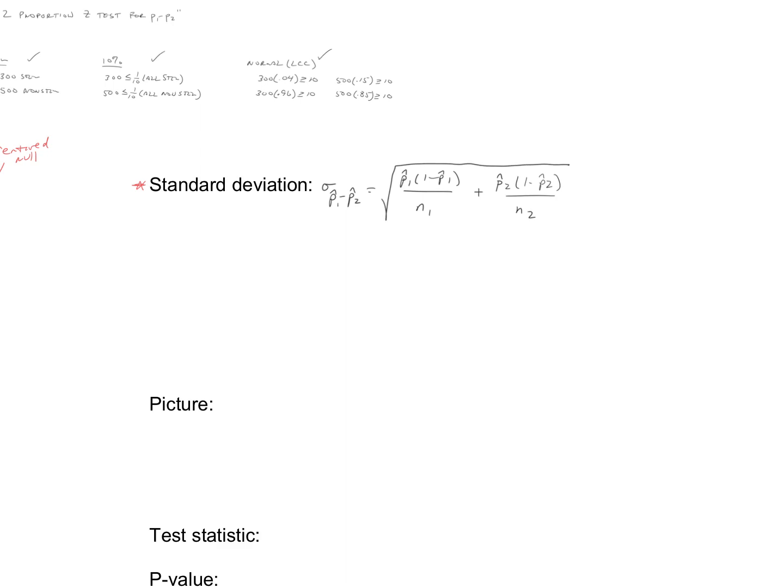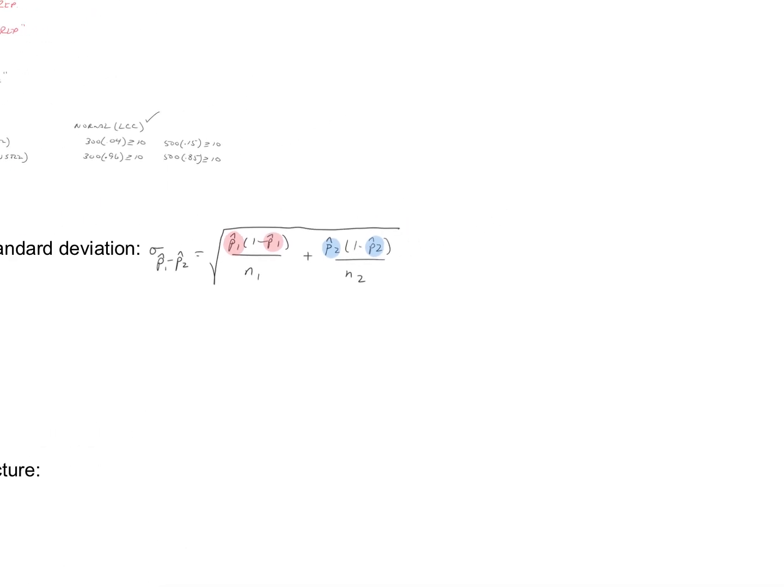Now, here's the problem with that. If I look at this, what we're basically implying is that there's a difference in proportions. If we use the proportion from sample 1 and the proportion from sample 2, we're insinuating that there is a difference.